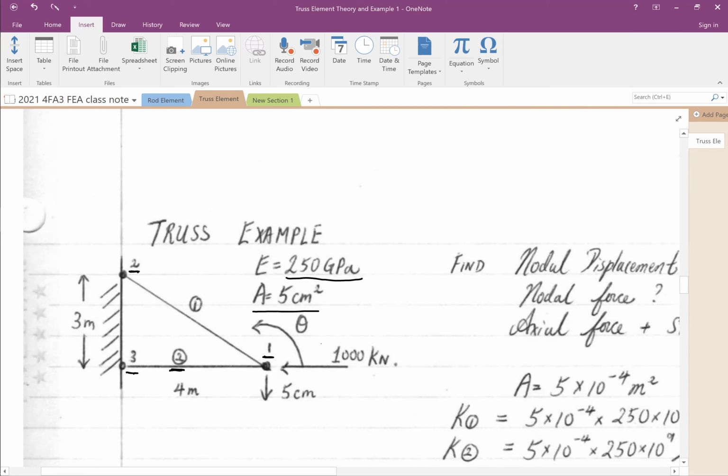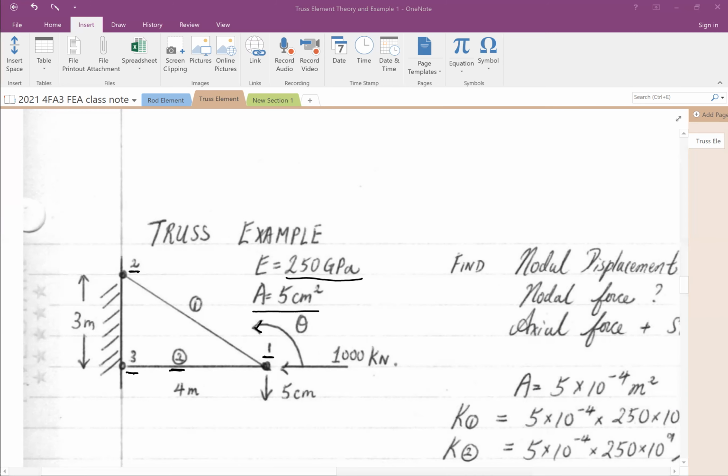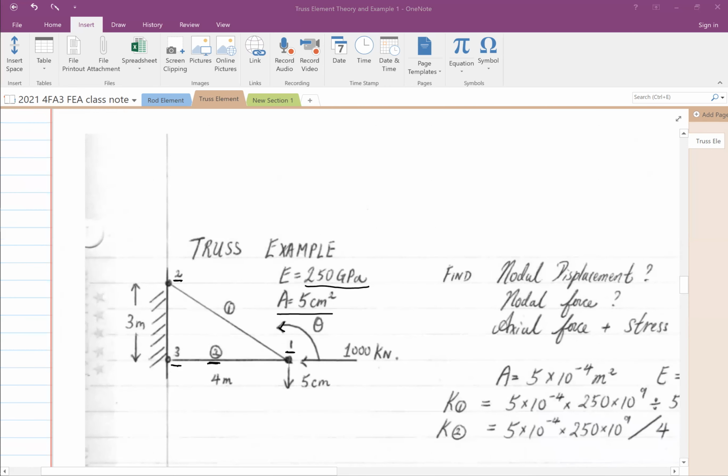There's an angle on element 1, and there's a force acting on node 1, and at the same time there's a displacement on node 1 as well, 5 centimeters down.